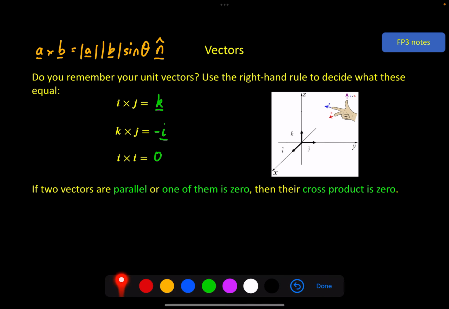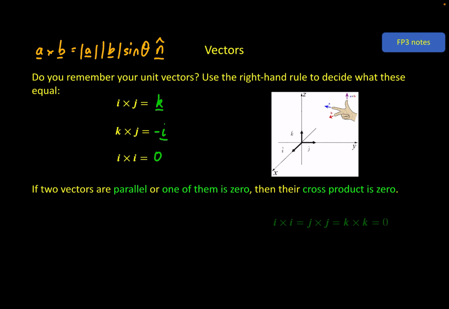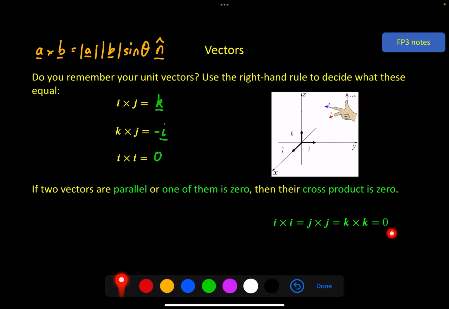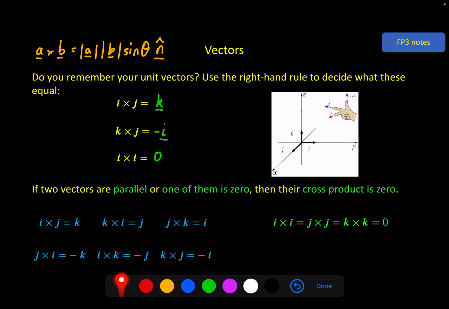So note that if two vectors are parallel, or if one of them is 0, then their cross product is 0. And the other 6: we've got these 3 here, and the other 3 to give us 6 down here. A quick note on these: if you want to be able to remember these, and you look at it in the reading direction left to right, i, j, k is positive. i, j, cyclic brings it back round to k. i, j, k.